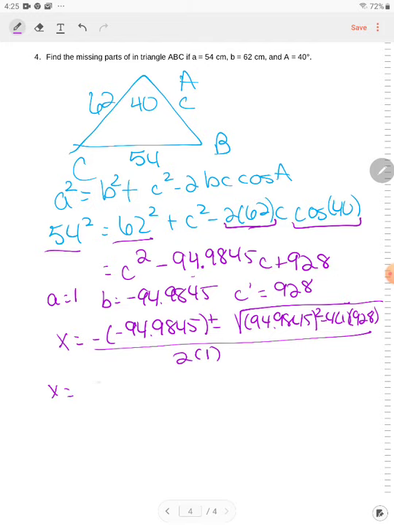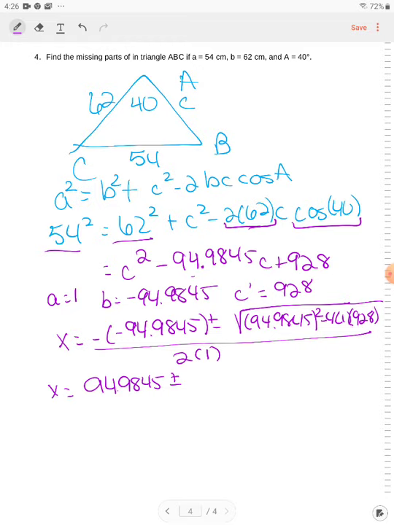So X is equal to 94.9845 plus or minus. Let's see what that is. 94.9845 squared minus 4 times 1 times 928. We get 5310.